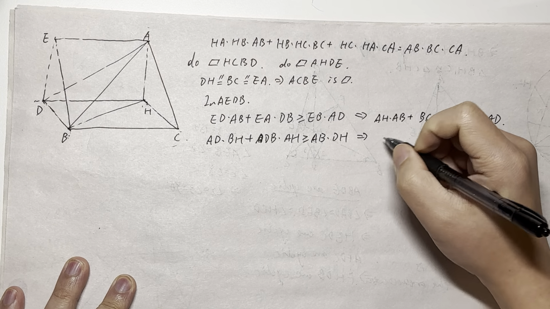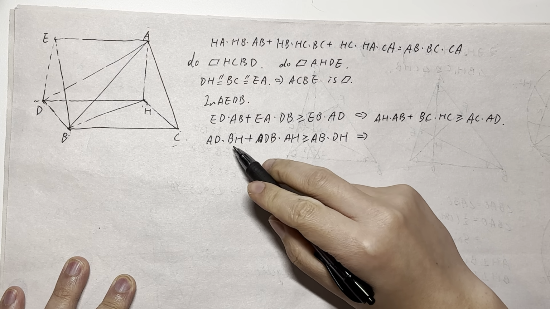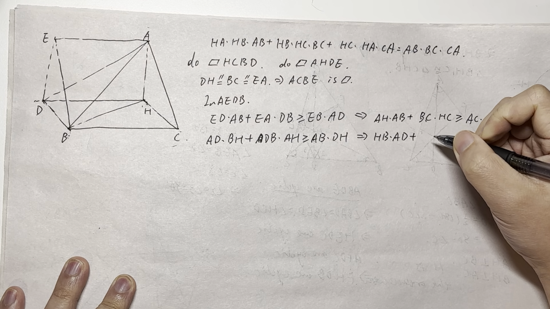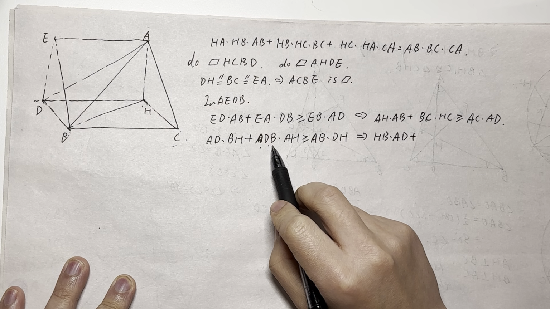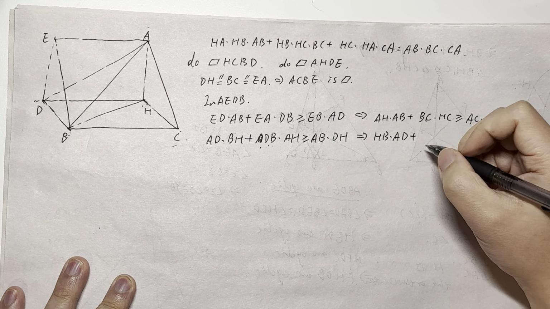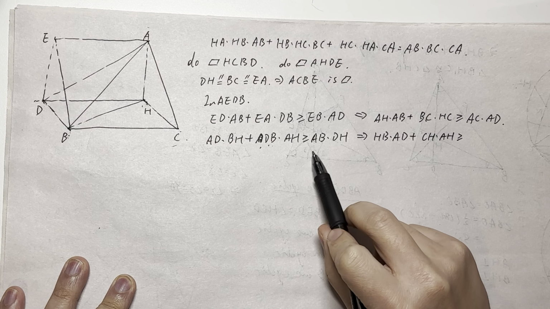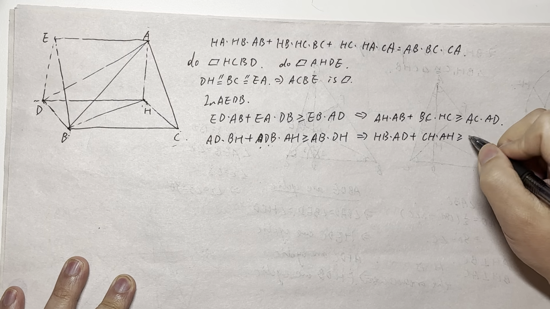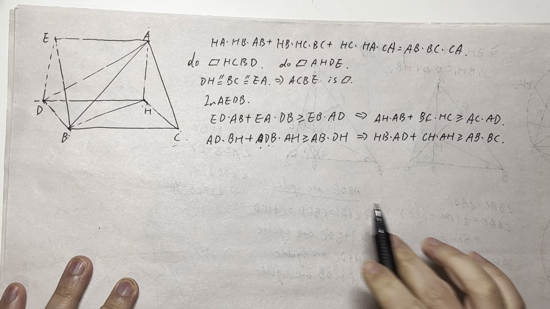So we can rewrite it as HB times AD plus DB is CH, right? So CH times AH is larger or equal to AB times DH. DH is BC, so AB times BC, right? We got this one.